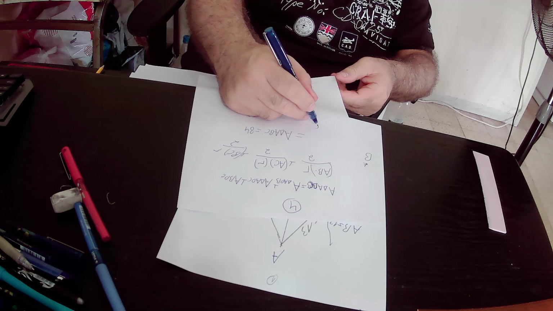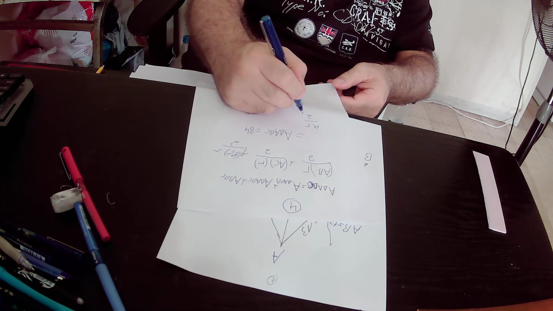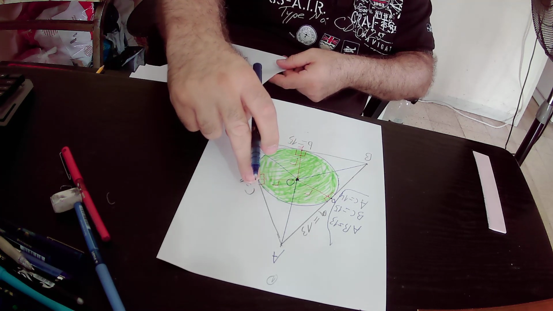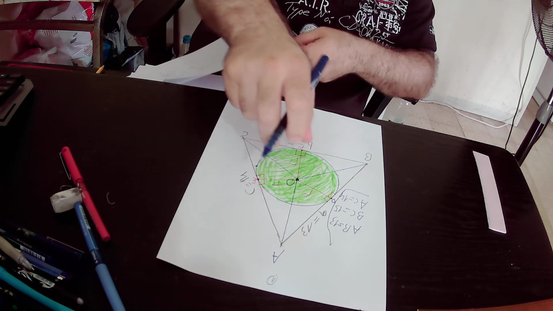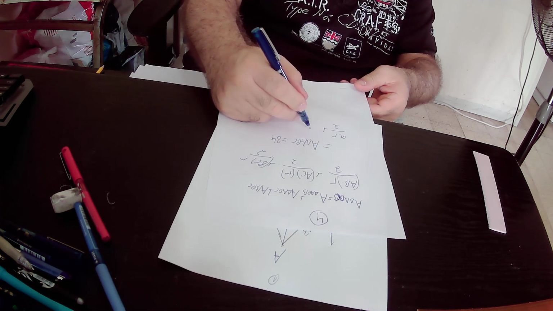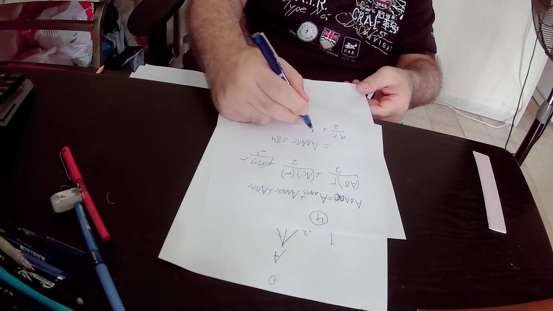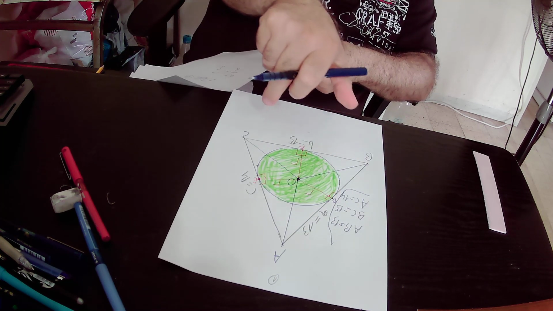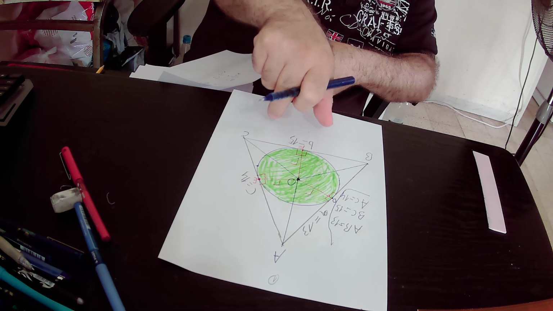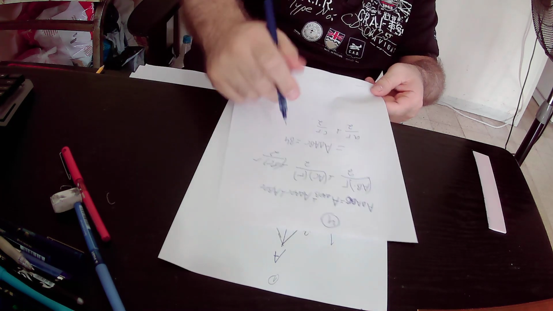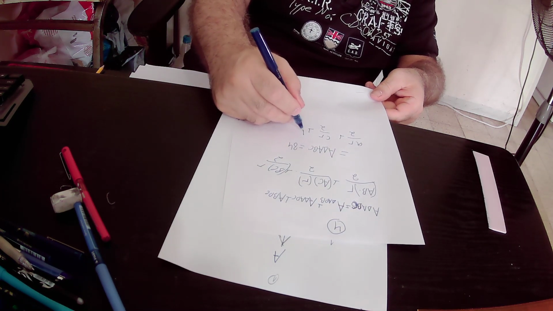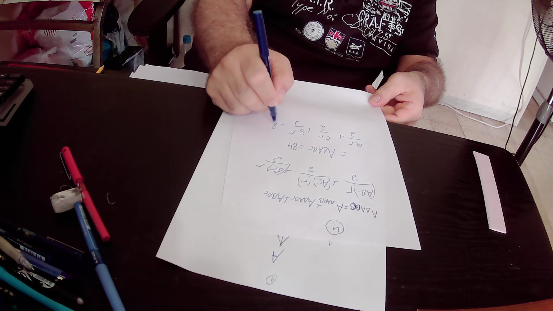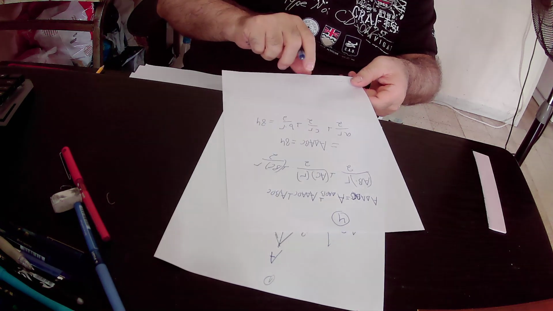So it is A times the radius over 2, plus AC, which is C, so C times the radius over 2, plus BC times the radius over 2. BC is B, so B times the radius over 2. All equals 84, the area of the big triangle ABC.